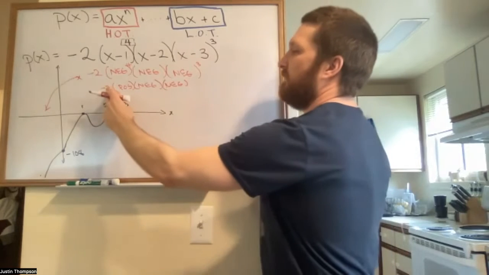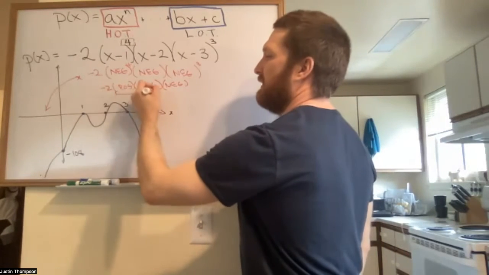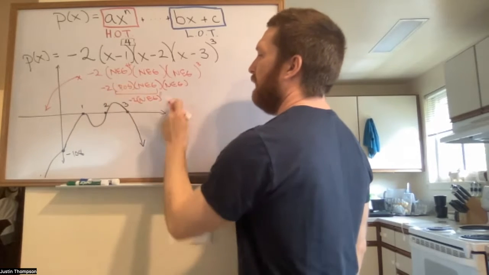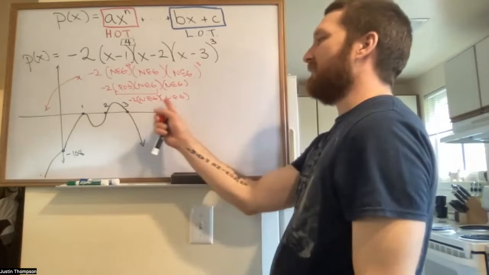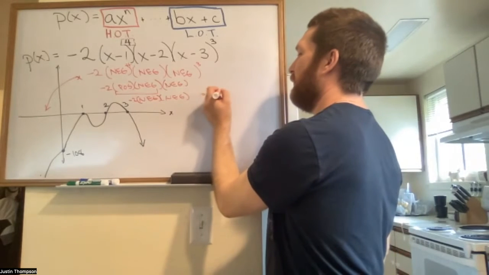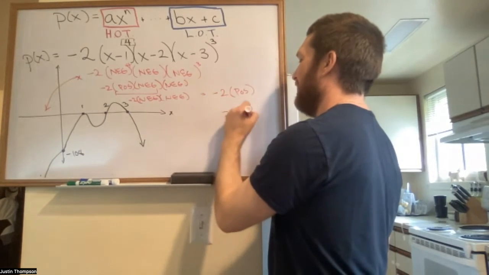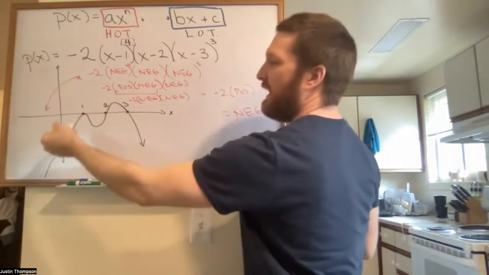And so you have -2 times a positive times a negative. Well, a positive times a negative is a negative. Negative times a negative is a positive, and you end up with a -2 times a positive number is itself a negative number.